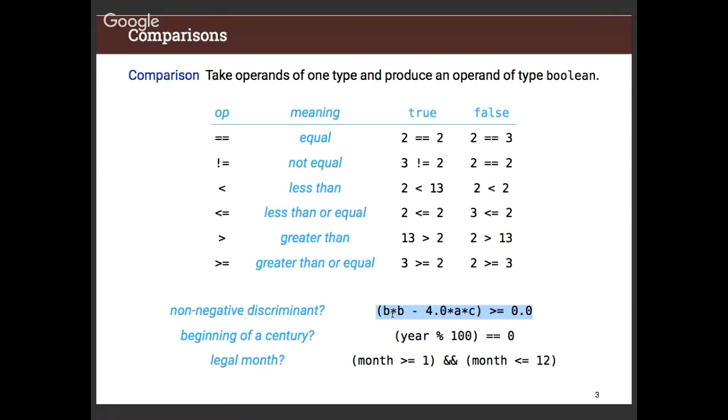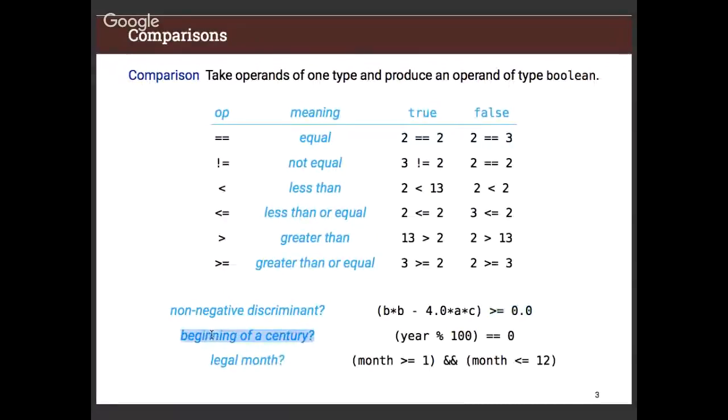I can write a Boolean that computes that value for me. I can write this expression in parentheses, so it'll be calculated first. And we know all this, it's b times b minus 4.0 times a times c, greater than or equal to 0.0. And depending on the value, this will either be true or false.